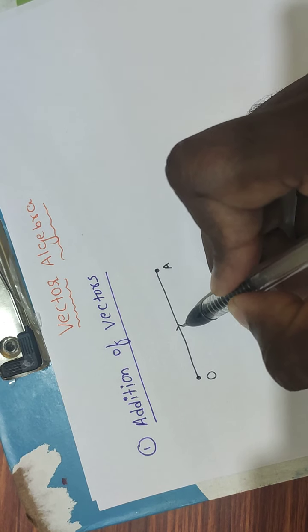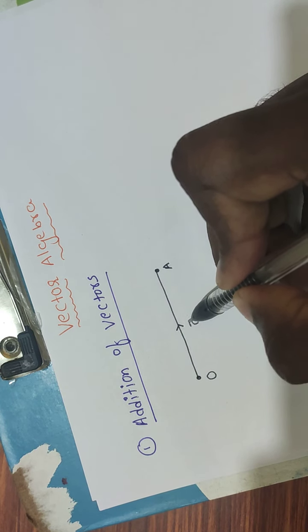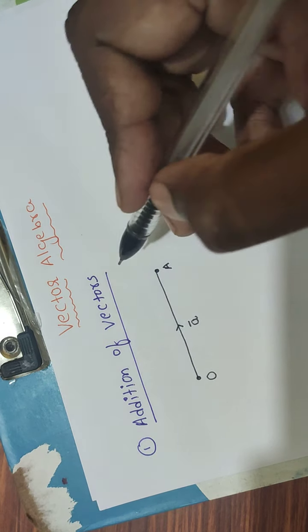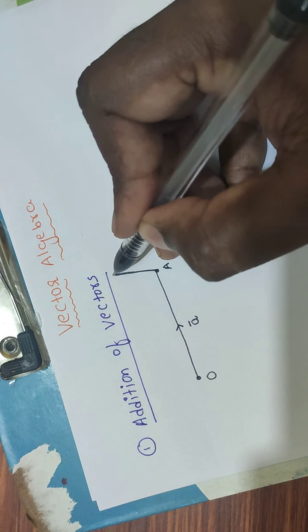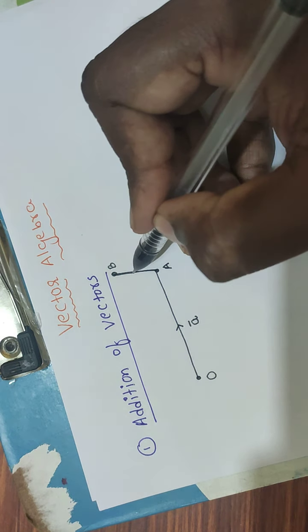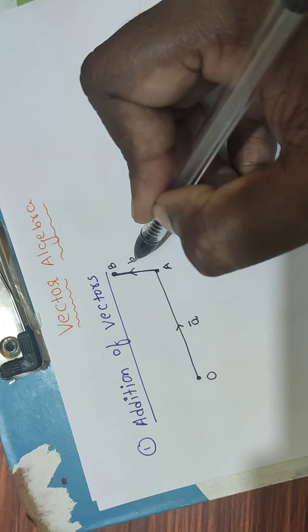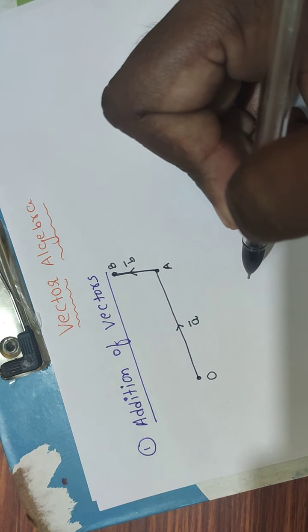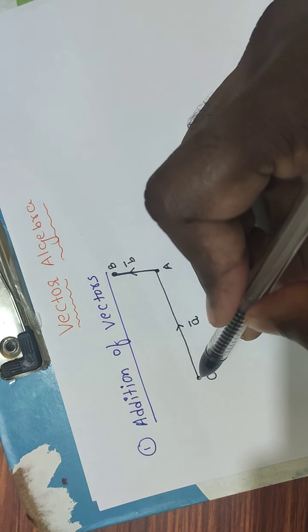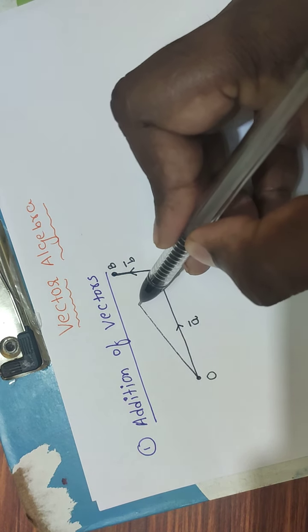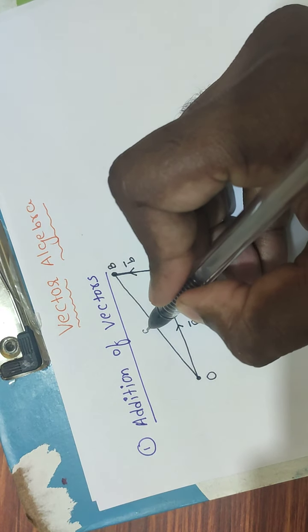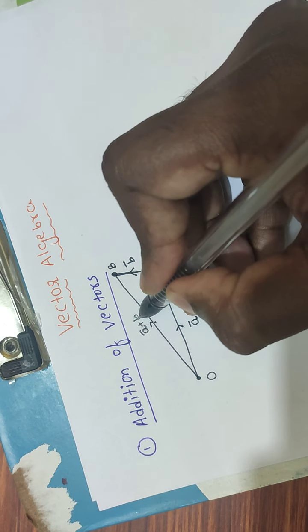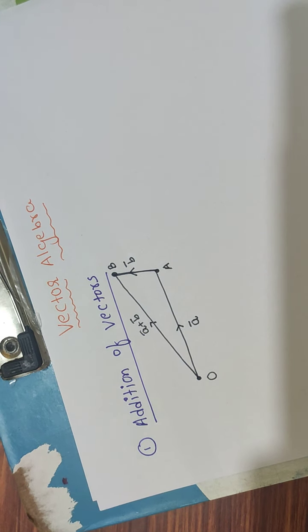Along this OA, one vector is moving, that is small a bar. Here one more vector is moving along this direction. That vector is B bar. Then the resultant vector OB can be written as A bar plus B bar.